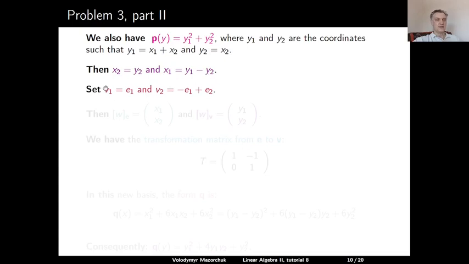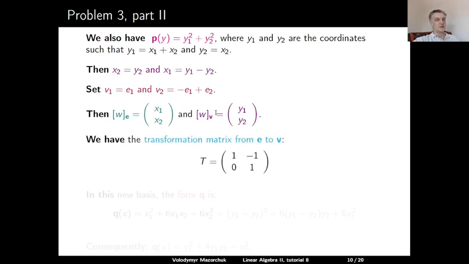So if we set v1 to be the vector e1 and v2 to be the vector minus e1 plus e2, then for any vector w, which has in the standard basis coordinates x1 and x2, this vector has coordinates y1 and y2 in the basis v.